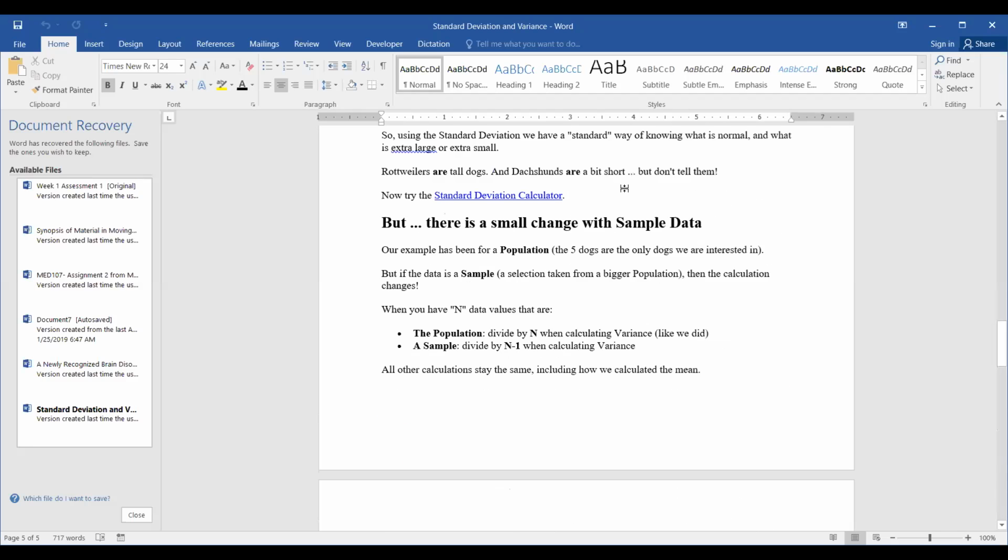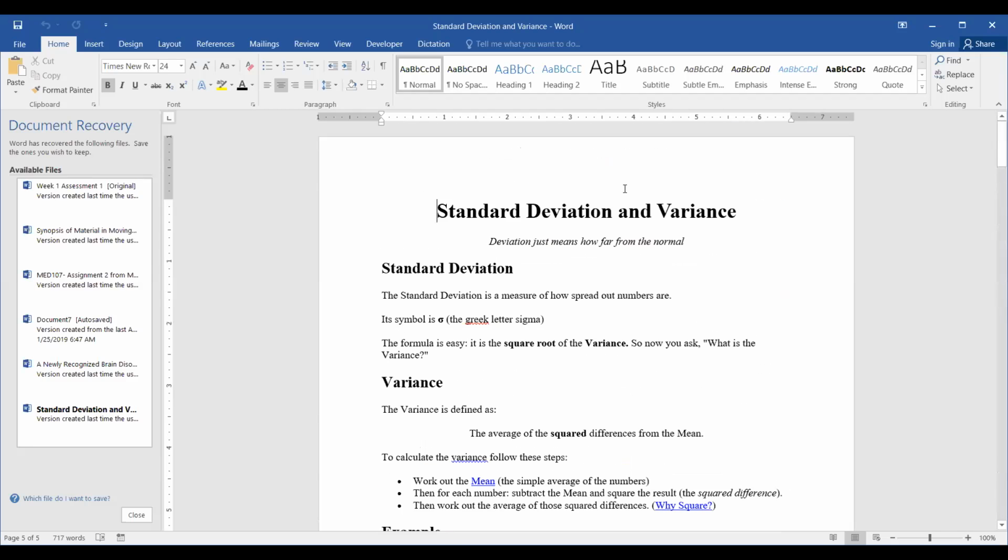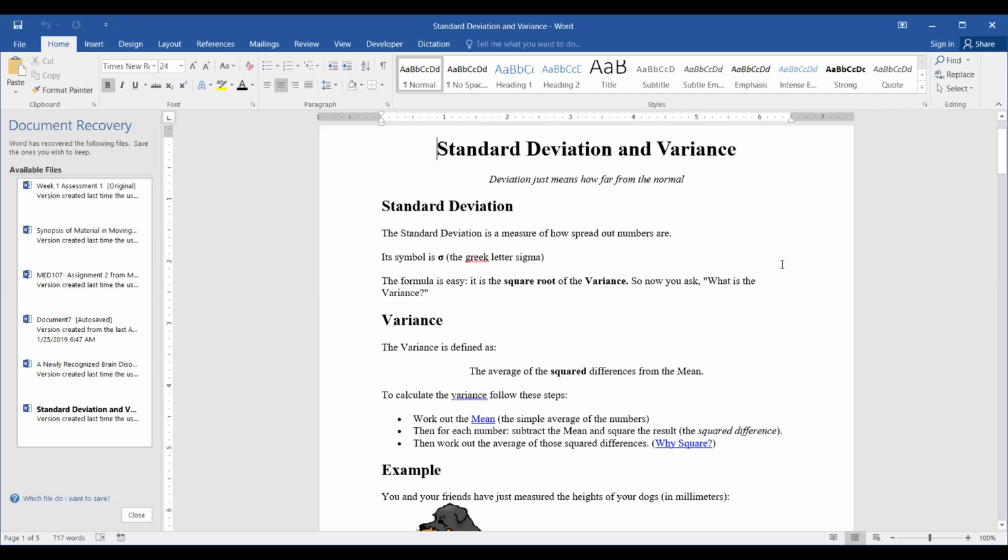Okay, so I'll probably forward this on to everyone, but the standard deviation just means how spread out the numbers are, and the variance is another way of looking at how spread out the data are.